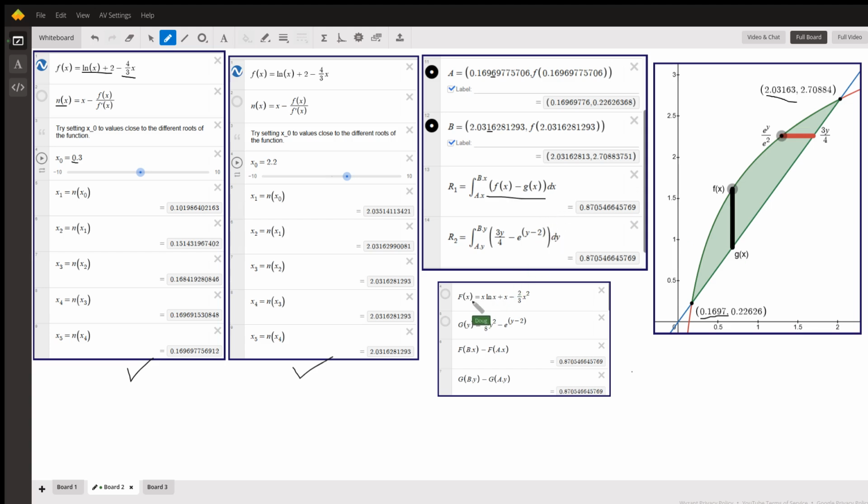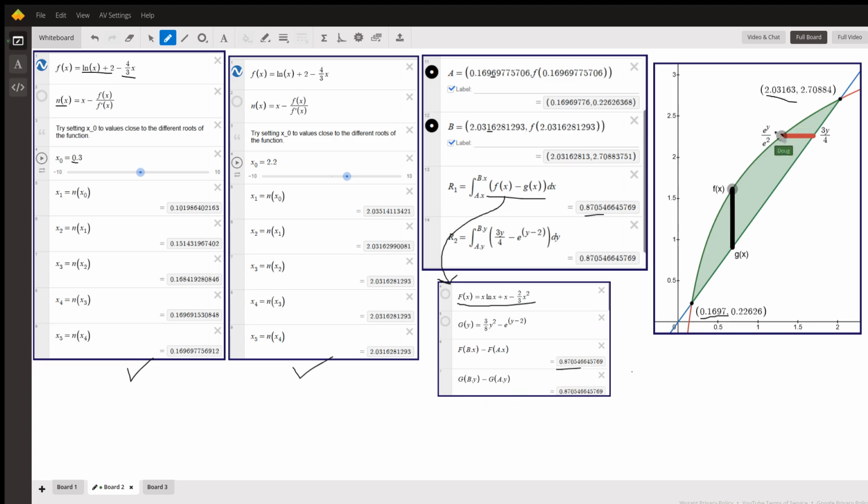And here's an antiderivative for this function right here. If I do big F of b dot x minus big F of a dot x, you can see I get the same area as I did here.